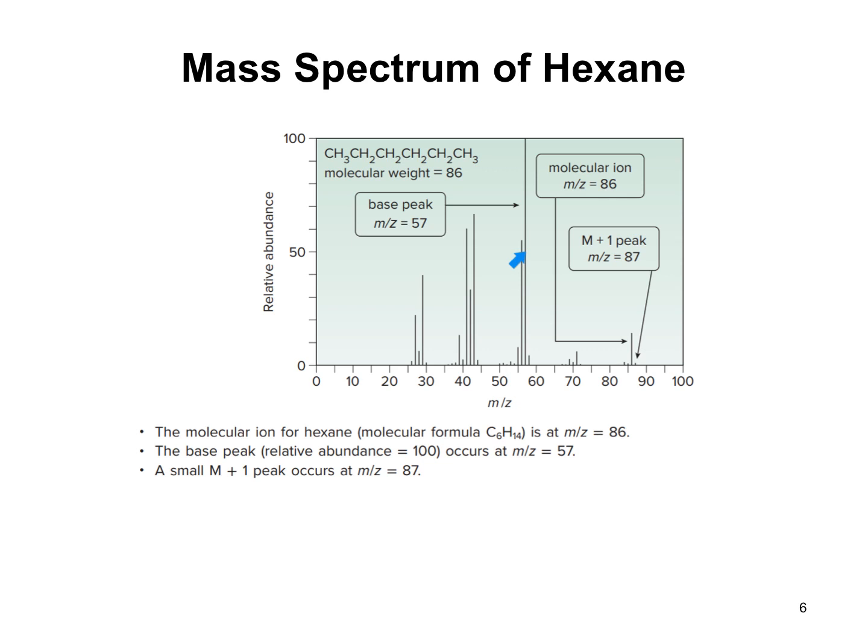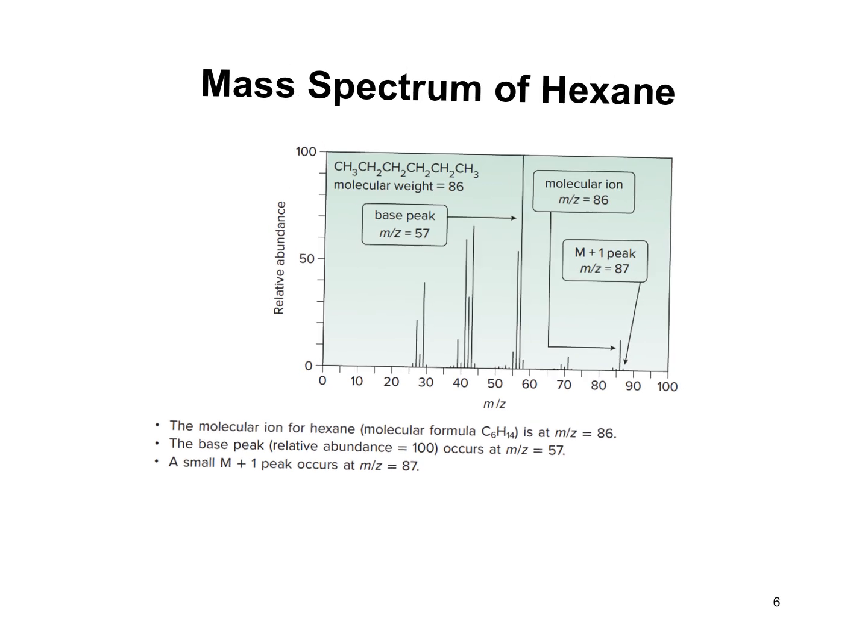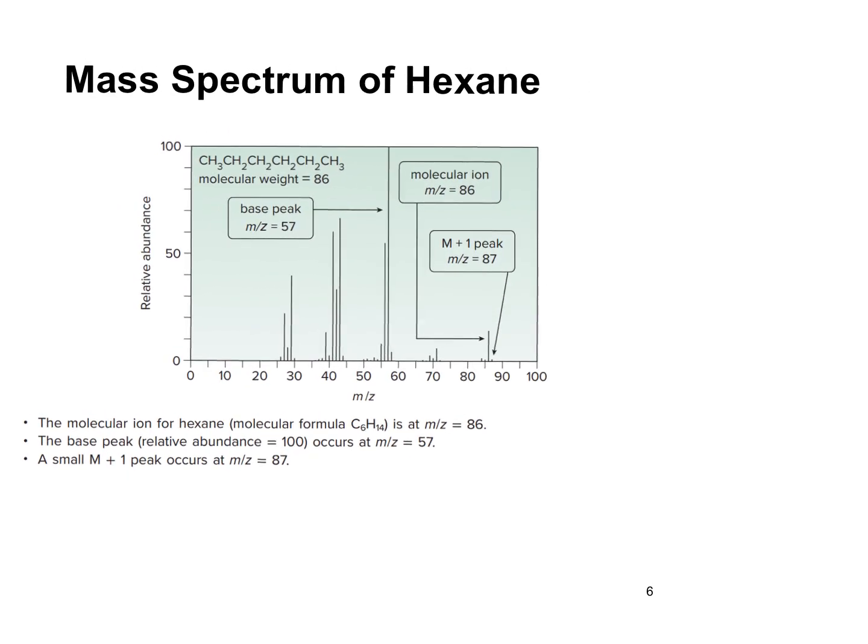It's right here at 57, right? And then we also see major fragment peaks that occur at 43 and 29. And so I want us to look at those differences really quickly. So we have our molecular ion peak of 86, which indicates a hexane, and then we have our base peak of 57, and this is our next big peak.